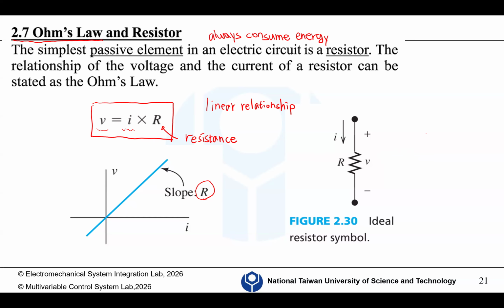If you remember, previously we talked about how this block can be any electric device. If the current direction is like this, and we are given positive and negative terminals of the block, it means this device always consumes energy, because the current always flows into the positive terminal.